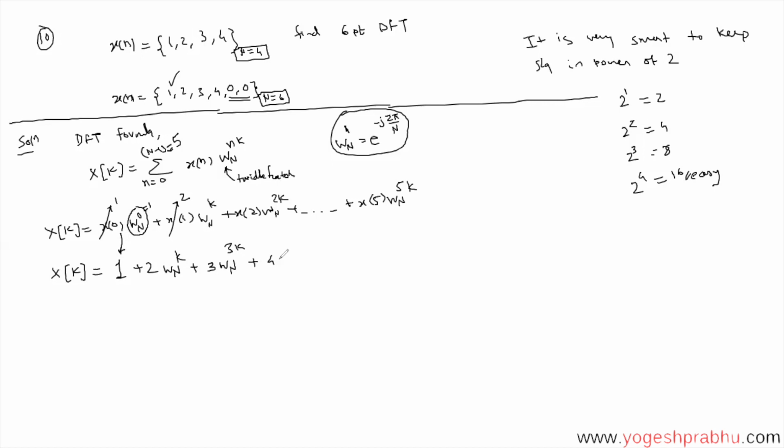Then you have 4 W_N raised to 3k plus 0 plus 0. The last two are 0. Do you get this? Yeah. Now once you get that X of k, we know that k is going to go from 0 to 5 as well, because n was going from 0 to 5. And 0, 1, 2, 3, 4, 5 for x of n.